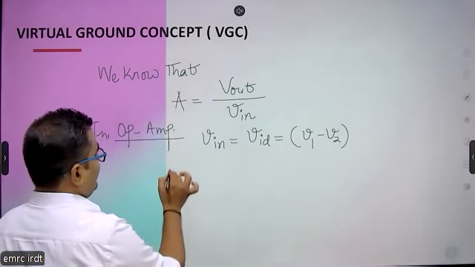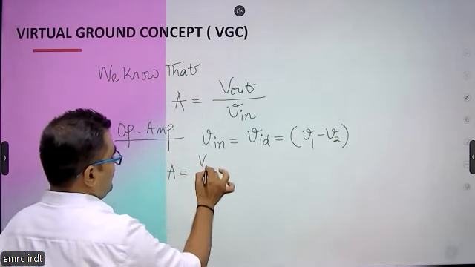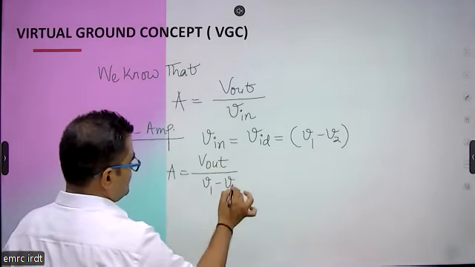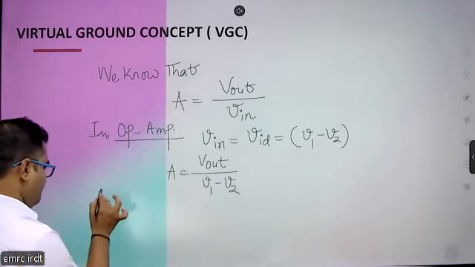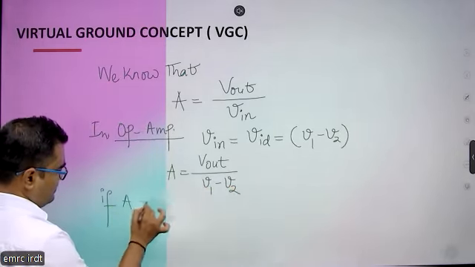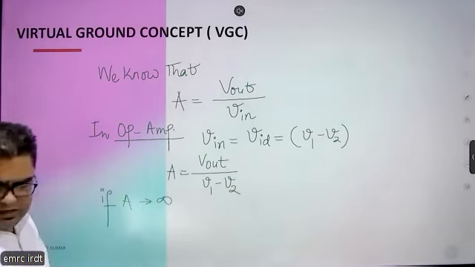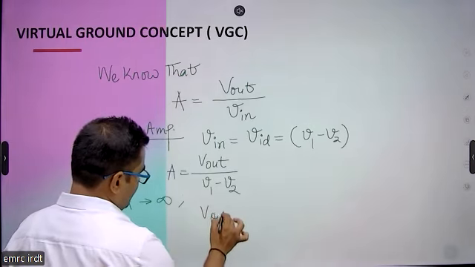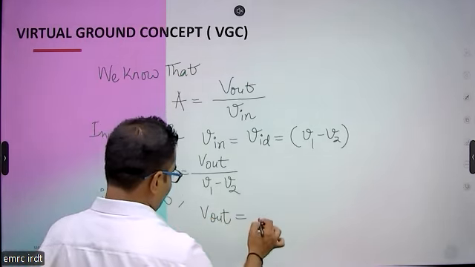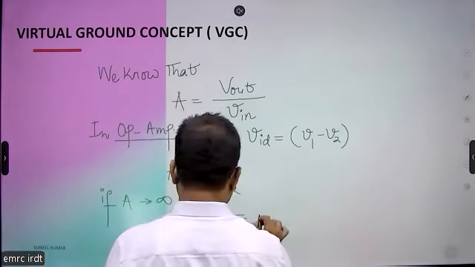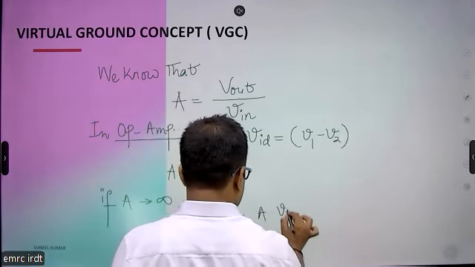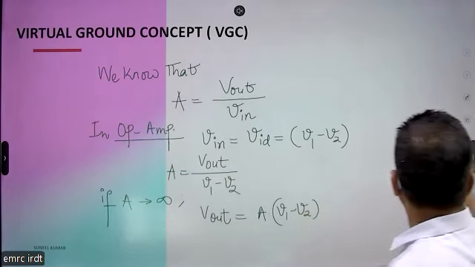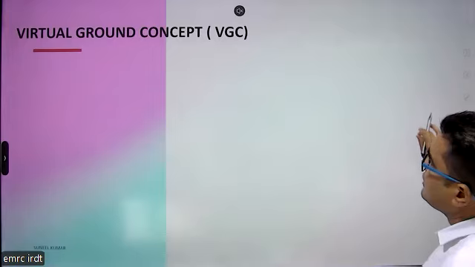So this can be written as A is equal to V output divided by V1 minus V2. If the gain is infinite, we can write V output is equal to A times V1 minus V2.